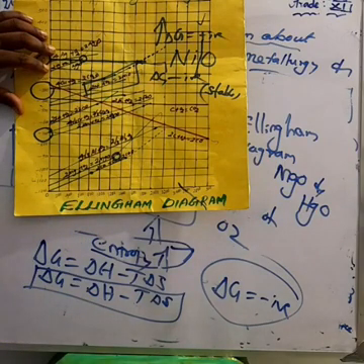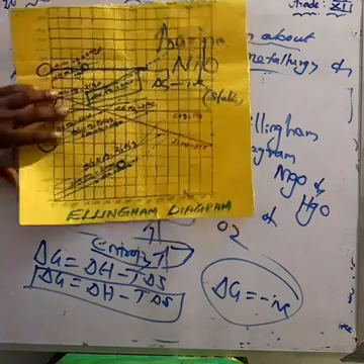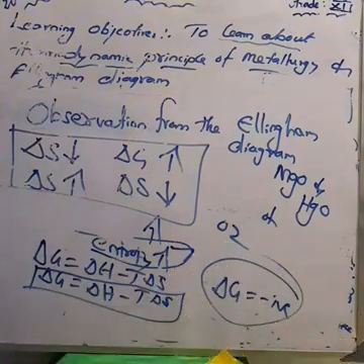Okay, so what are the observations? First observation, don't forget that there is a decrease in entropy, delta S becomes negative and makes the term T delta S positive. Am I right?